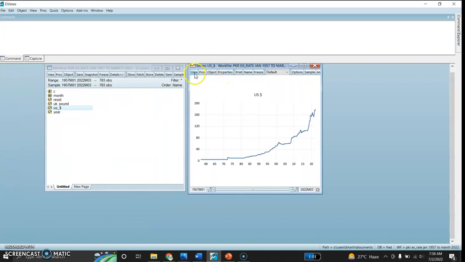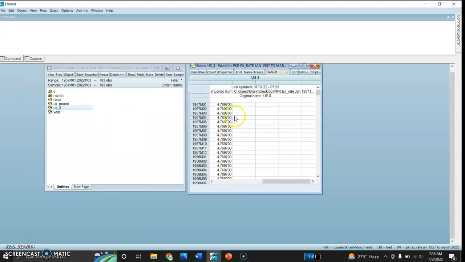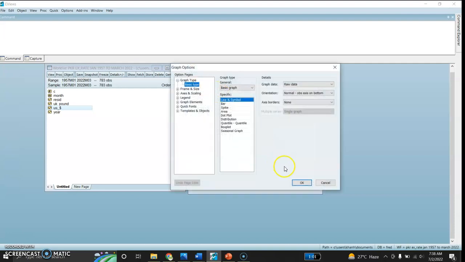I had already graphed this, but I can share the spreadsheet, and this is the dollar, which starts from 4.769 rupees per dollar in 1957 January, and this is 179.61, and that was in the month of March 2022, but now in July, today is 2nd of July, this exchange rate has further increased to more than 210 rupees per dollar, and this is the graph of this series.